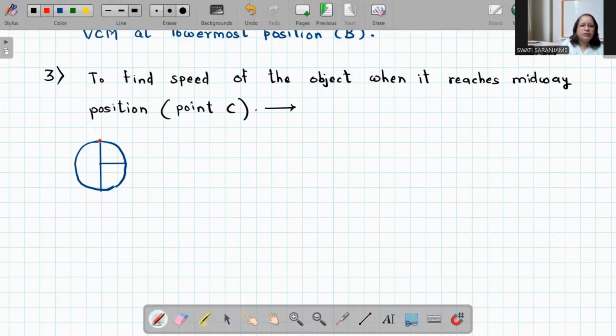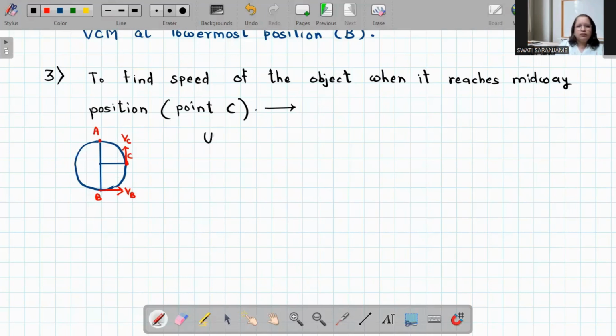A is the highest, B is the lowest, and C is a midway position. Now, when the object performing VCM reaches that midway position, this is the direction of the velocity VC. And point B, the lowermost point, we are considering as a reference point. So VB is the speed acquired by the object at position B.